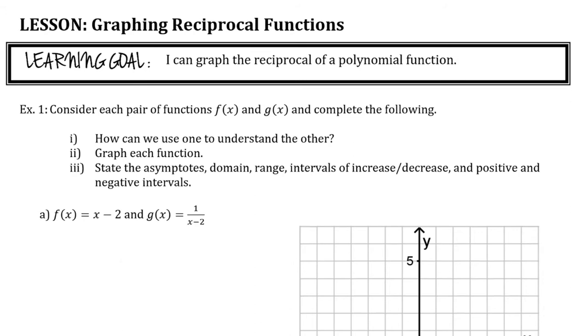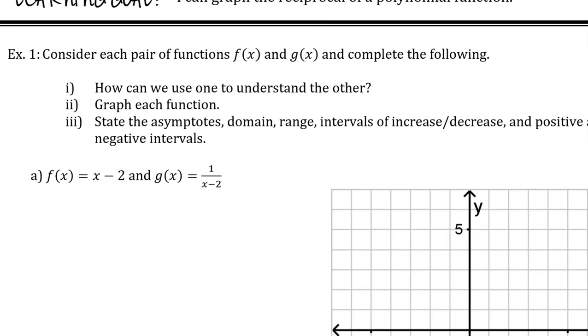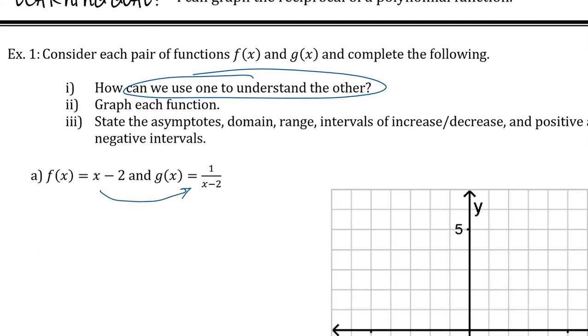We're going to do 3 examples of this, and for each one of them, the first function is going to be something we're familiar with, and we're going to graph it. And then we're going to use that graph to make sense of the second graph, which is going to be g, which notice is the reciprocal of f. So if f is x minus 2, g is 1 over x minus 2. That's what reciprocal means, right?